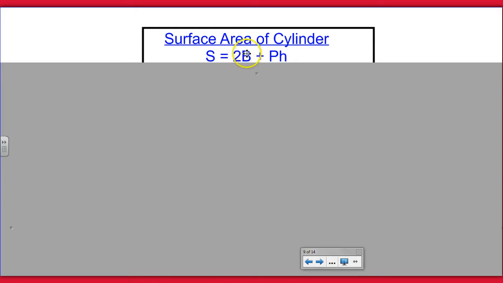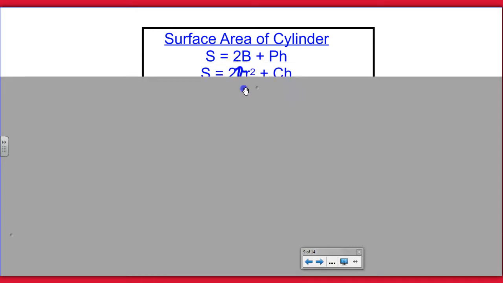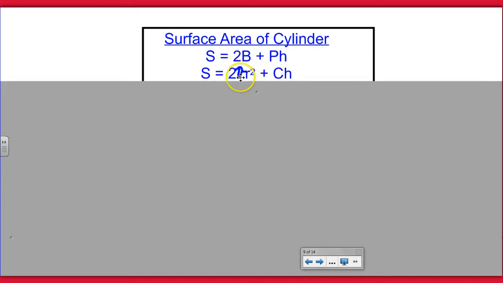We can say that a circle's area equals pi r squared. And when we walk around the circle's perimeter, we actually call that circumference, C. We can even revise this formula a little bit, because we know what a circumference equals.